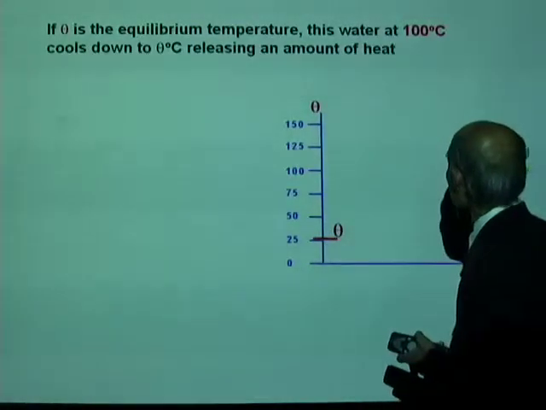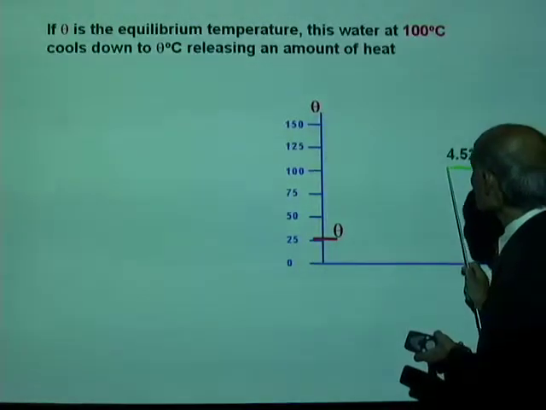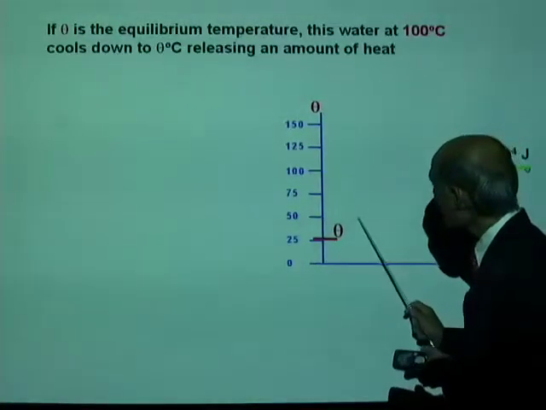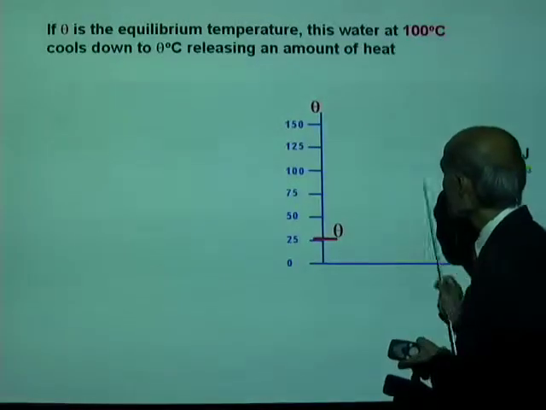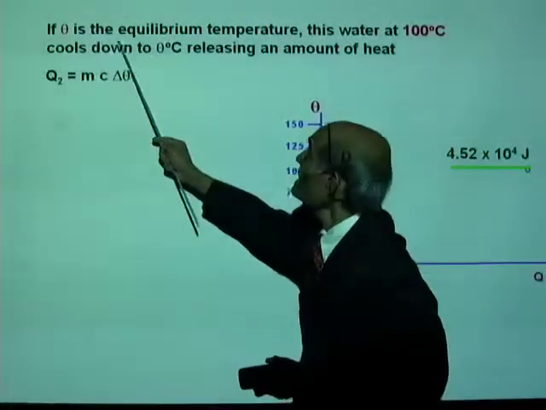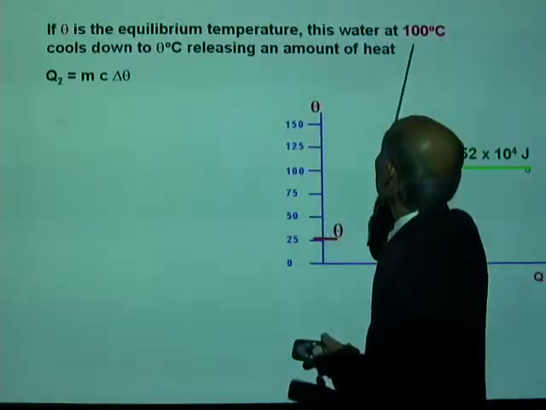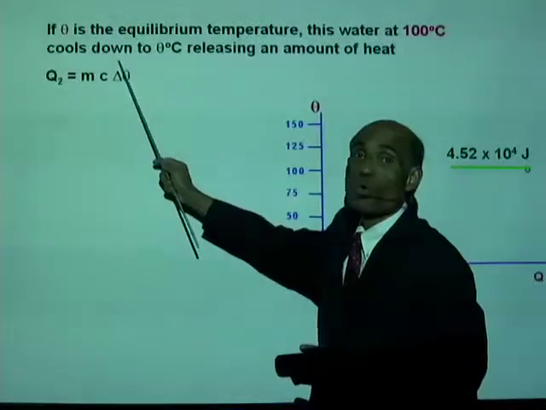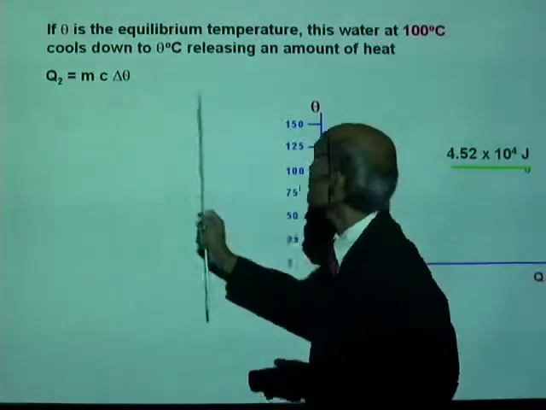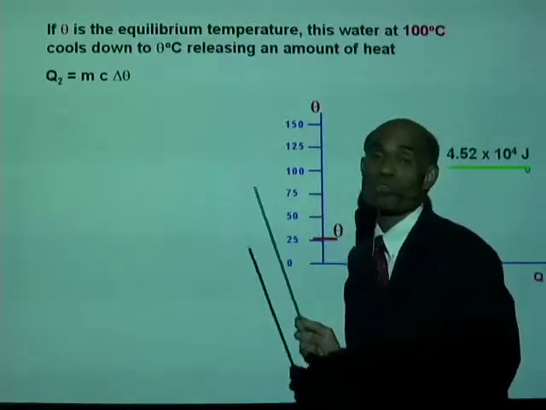That means this water at 100 degrees Celsius here is going to cool down to that equilibrium temperature. Right? So, if theta is the equilibrium temperature, this water at 100 degrees Celsius cools down to theta degrees Celsius here, releasing an amount of heat.